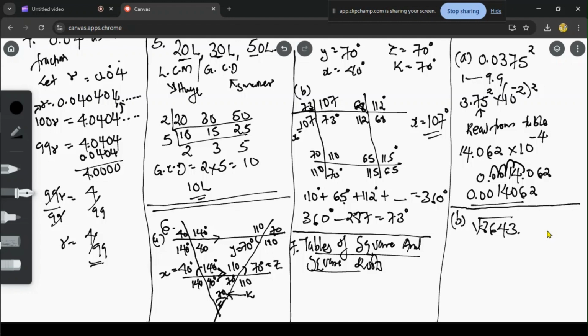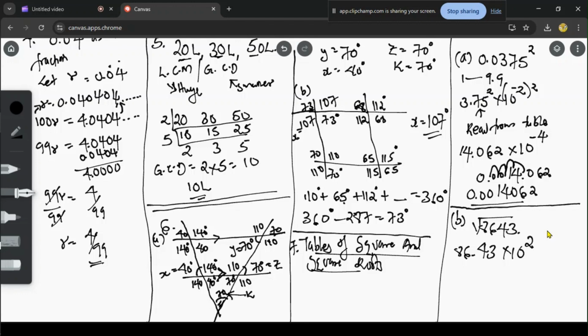So I moved 2 steps, 1, 2. I'll put 86.43, multiplied by 10 to the power of 2, since I've moved 2 steps. And because I've moved towards my left, I will write a positive, because this one was negative when I was moving towards my right.